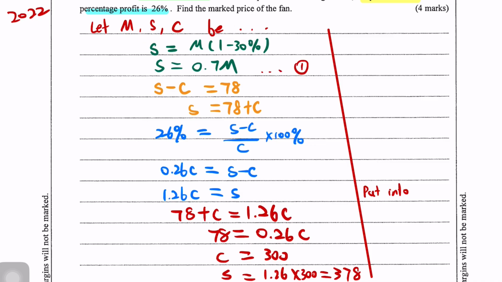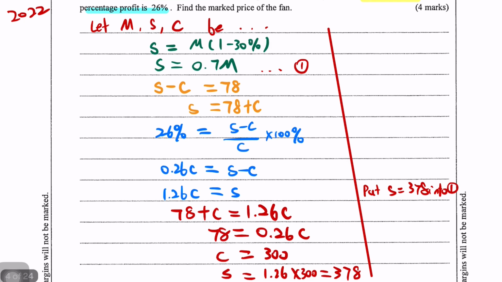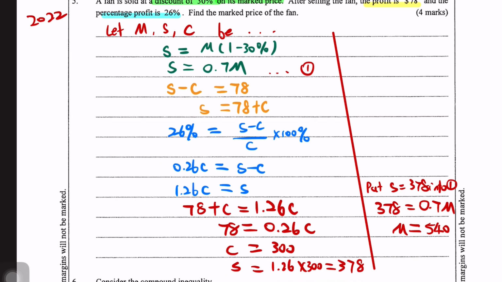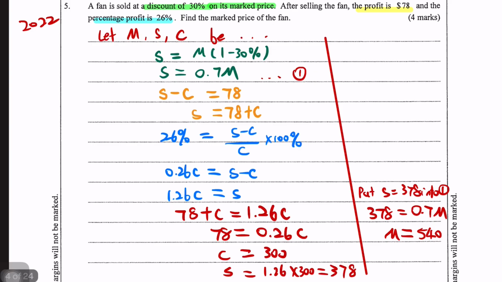This one: put s equals 378 into equation 1, and then we have m equals 540. Okay, finish.